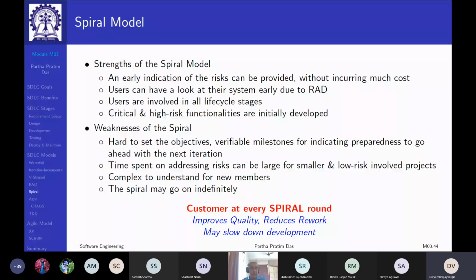So if it slows down, then even though it has improved the quality, which means that you are working for a better customer satisfaction, better money. It is reducing rework, so it is reducing your cost, better profit. But if it slows down the development, then in that process, you are incurring more cost in terms of paying for your resources, whether it is infrastructure or your manpower and so on. So there's always a trade-off in terms of this.